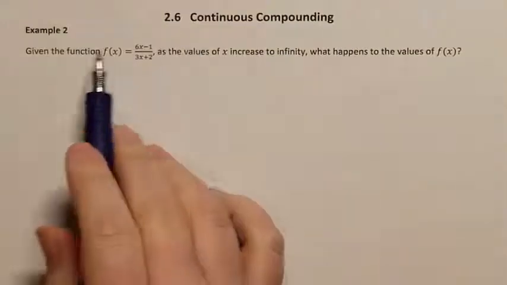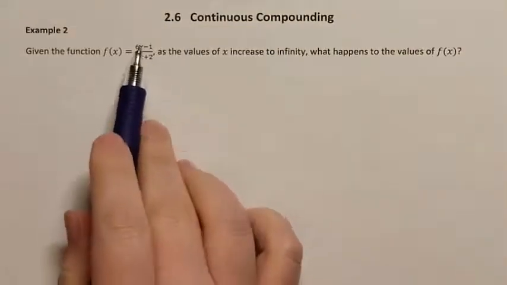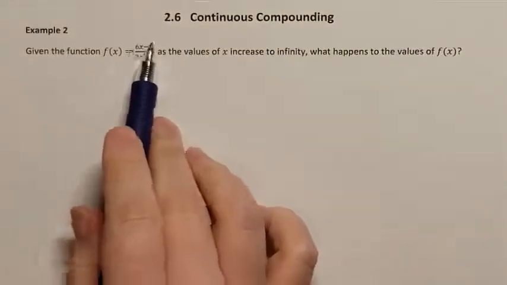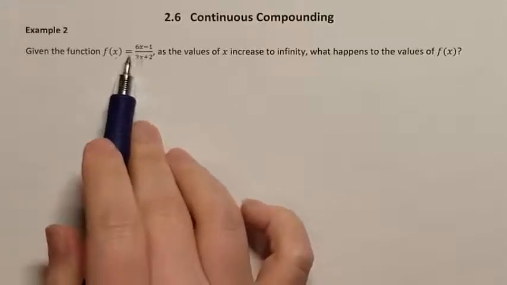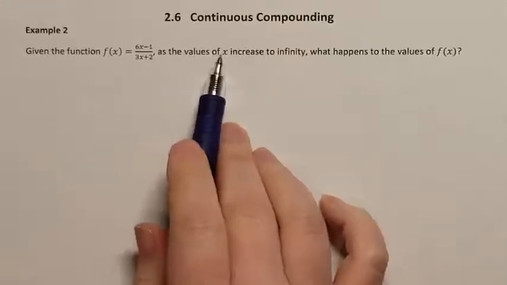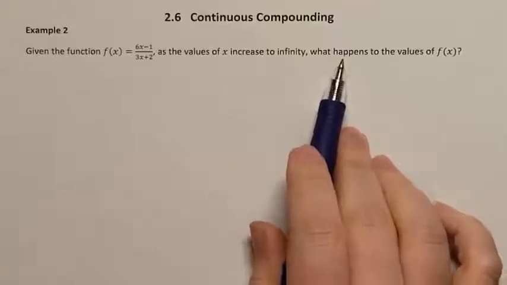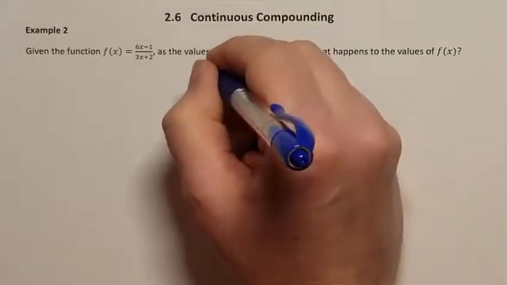Example number 2. Given the function f of x equals the big fraction of 6x minus 1 all over 3x plus 2, as the values of x increase to infinity, what happens to the values of f of x? So again, new table.